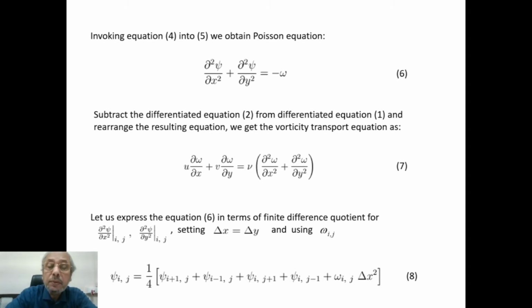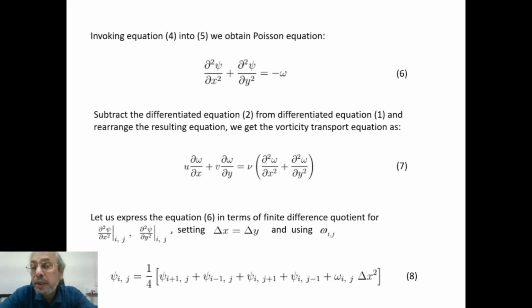So what we do, we start computational strategies with equation 6. In equation 6, we substitute del 2 psi del x2 in terms of its finite difference quotient through central difference discretization. Similarly, del 2 psi del y2, we write central difference discretization. And then we set del x equal to del y. There is no harm in doing that.